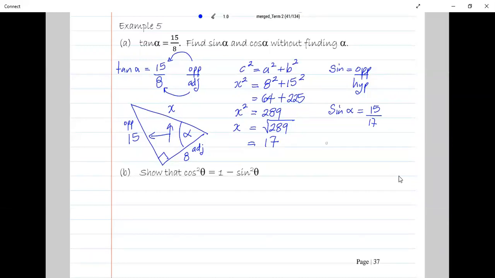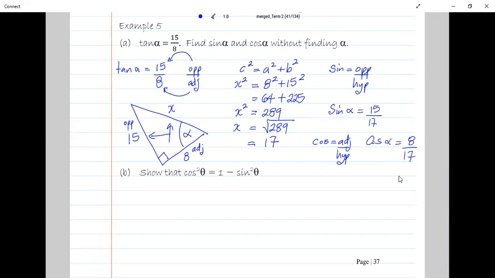Cosine is adjacent over hypotenuse, and so the cosine of alpha would be adjacent 8 over hypotenuse 17.